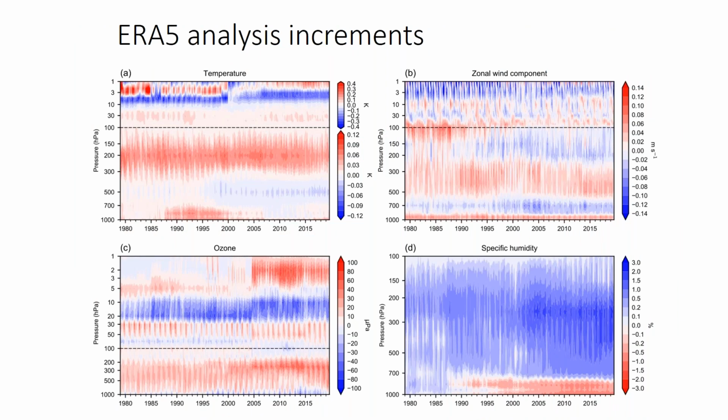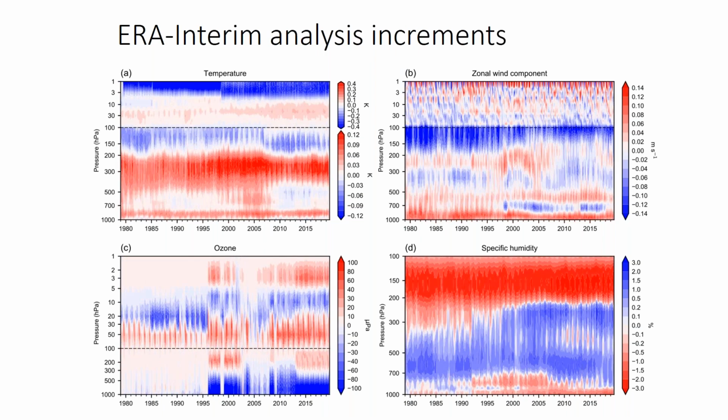This shows you a complete summary of analysis increments for ERA 5, globally averaged, and I think weekly or monthly average, probably monthly average. And there's a lot of information here. I don't have too much time to talk about what's wrong with it. There are definitely still some issues, especially in the stratosphere, which in some sense is even worse than ERA interim. But if you just flip, please, back and forth once or twice with the next slide, this is ERA interim.